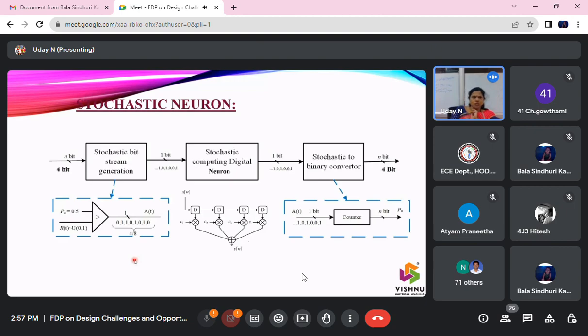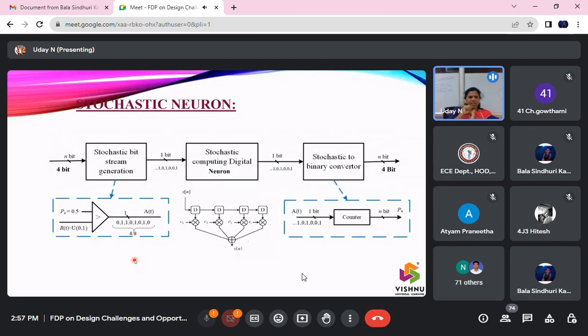To do so, instead of the normal neuron that we have seen till now, we want to implement a stochastic neuron. The input for this stochastic neuron is just a 4-bit binary number or any integer number. From that, we have a stochastic bit stream generation, which is nothing but a comparator.